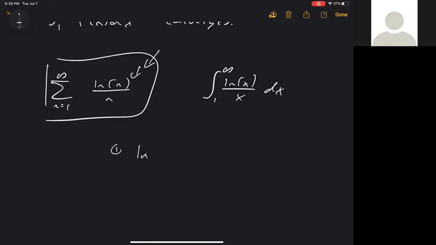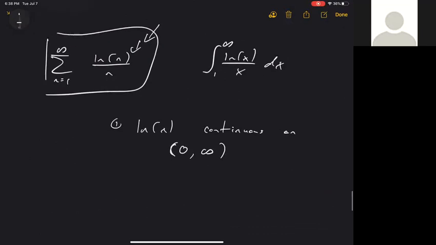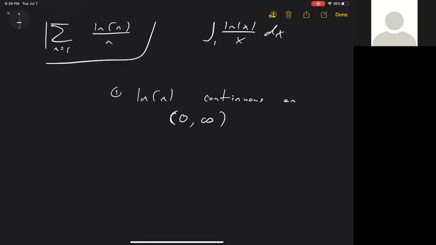Okay, so ln of x is continuous on 0 to infinity, for sure. x is continuous everywhere. So ln of x over x is continuous as long as x doesn't equal 0, right?